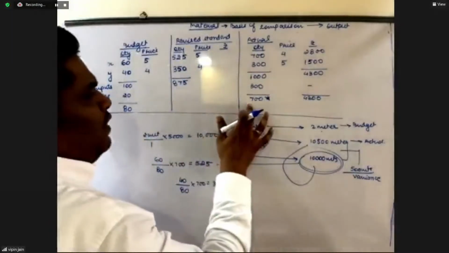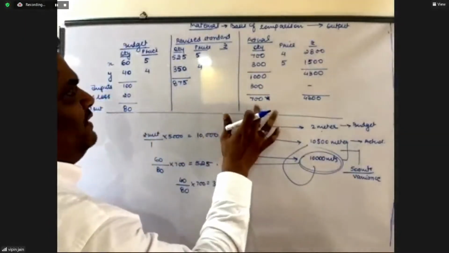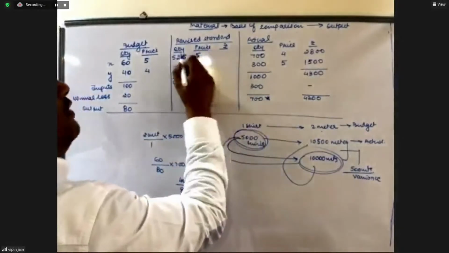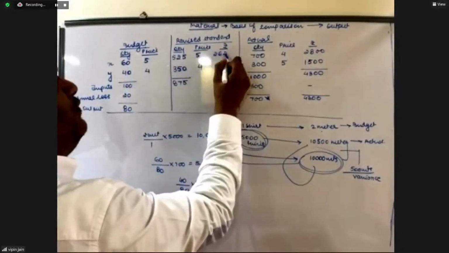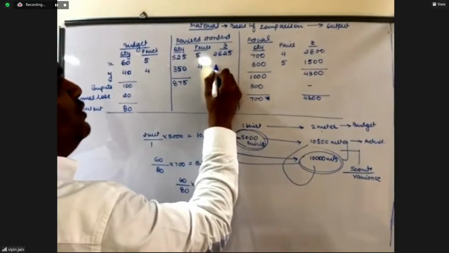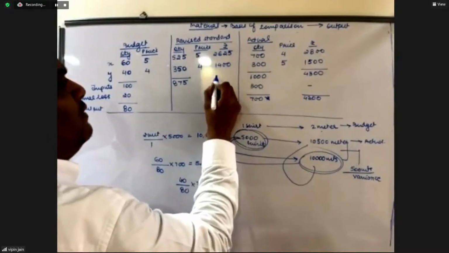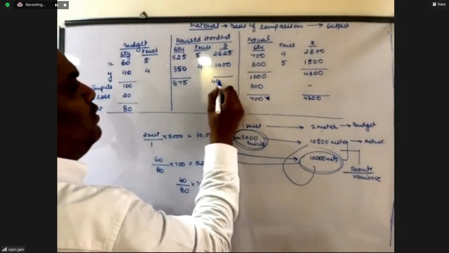So the total cost of manufacturing 700 units should be how much? For X, it should be 2625. And for Y, it should be 1400.